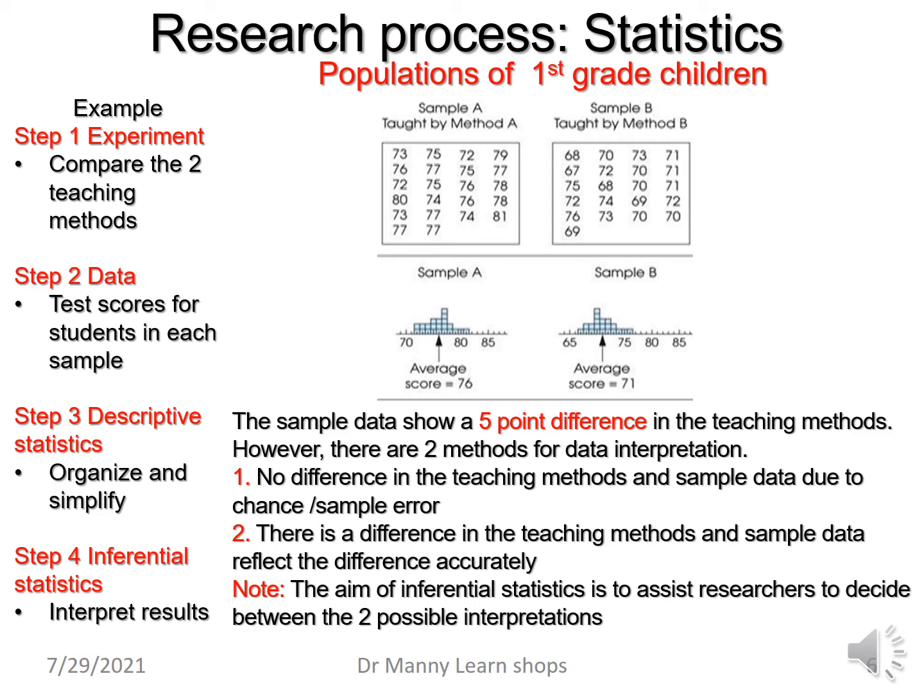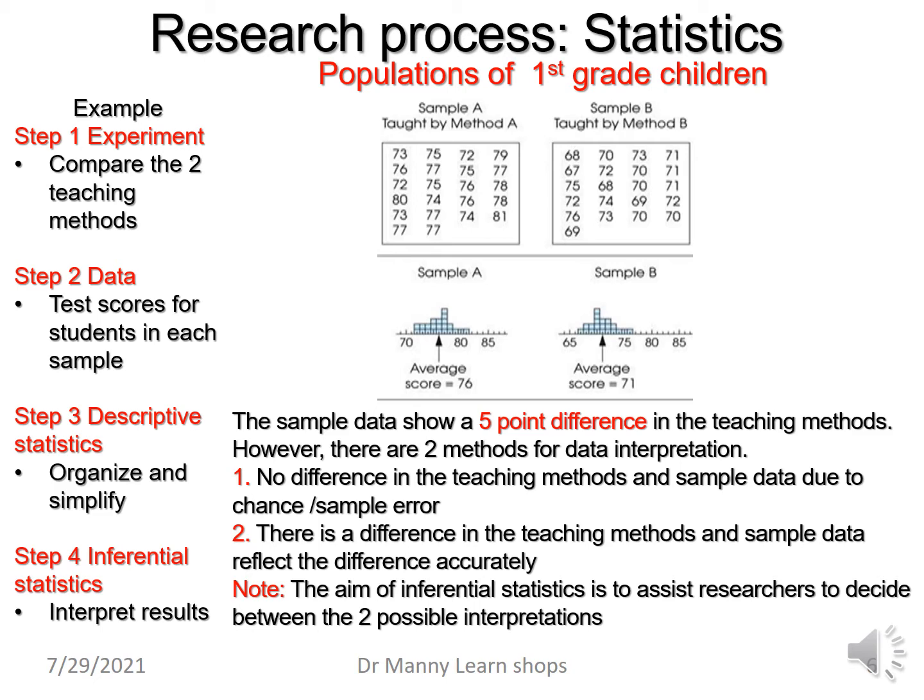So what you've got here, sample A, taught by method A, sample B, taught by method B. Sample A has an average score of 76, sample B has an average score of 71. So the sample data shows a 5-point difference in the teaching method outcomes. However, there are 2 ways that you can interpret the data.